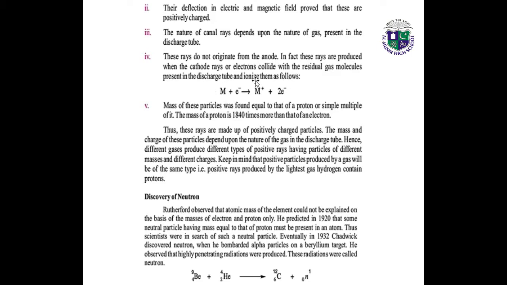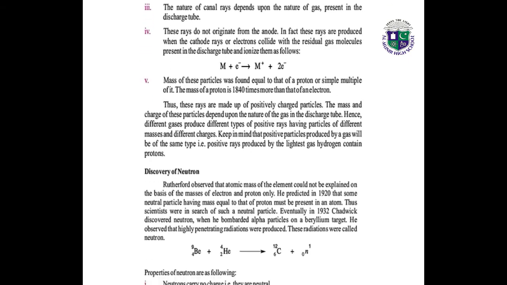In fact, these rays are produced when the cathode rays or electrons collide with the residual gas molecules present in the discharge tube and ionize them as follows. This equation shows the ionization. The mass of these particles was found equal to that of a proton or a simple multiple of it.